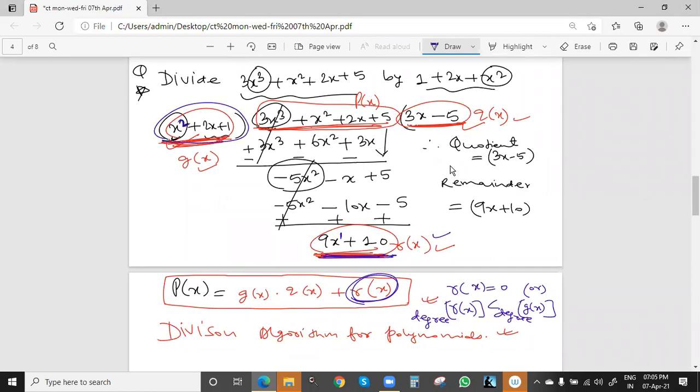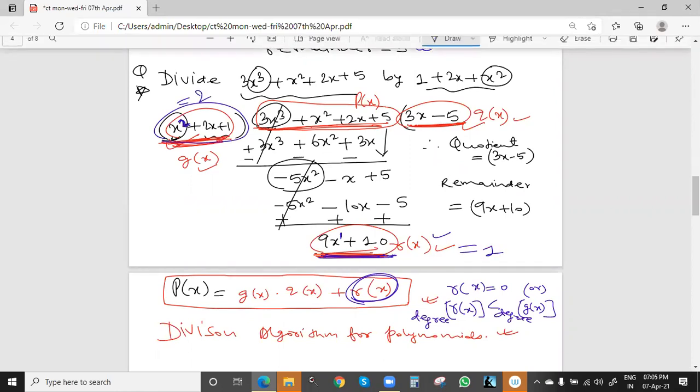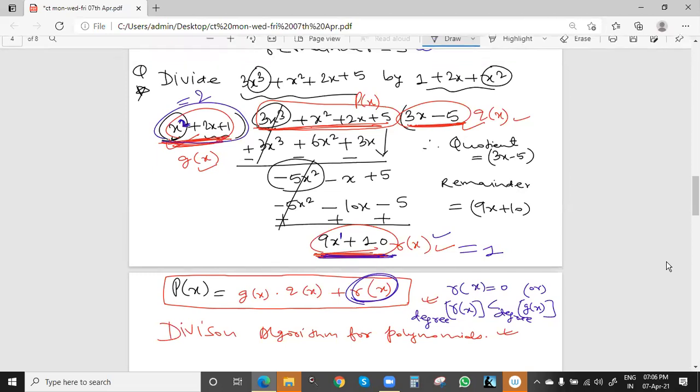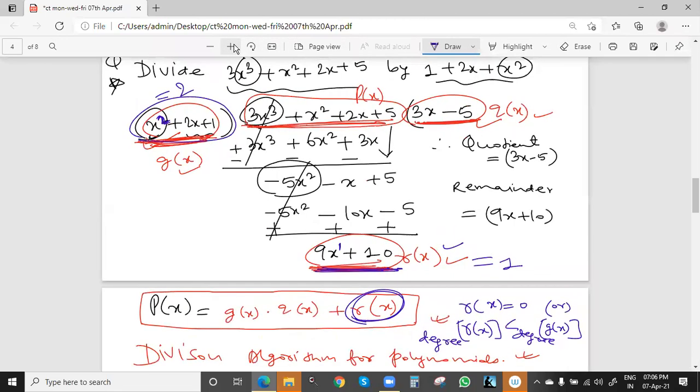Normally you get this condition every time, but this is one small condition: the degree of r(x), here 1, should be less than the degree of g(x), here 2. Condition satisfied, then we can say this equation is called the division algorithm for polynomials. Fine. Okay, sir. Okay, good.